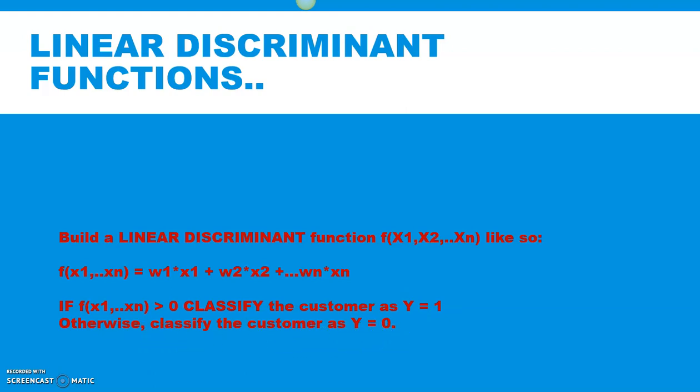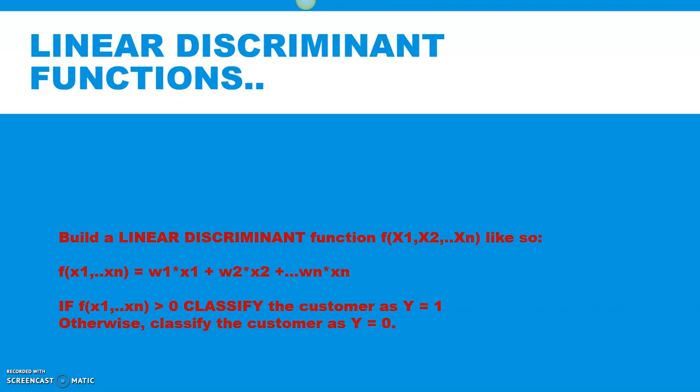So linear discriminant functions are also similar to logistic regression, in the sense that it's a parameter fitting algorithm. You have to figure out the best values for w1, w2, through w sub n, so that on the training data set, this function is able to classify y equal to 1 compared to y equal to 0. That's the basic idea.